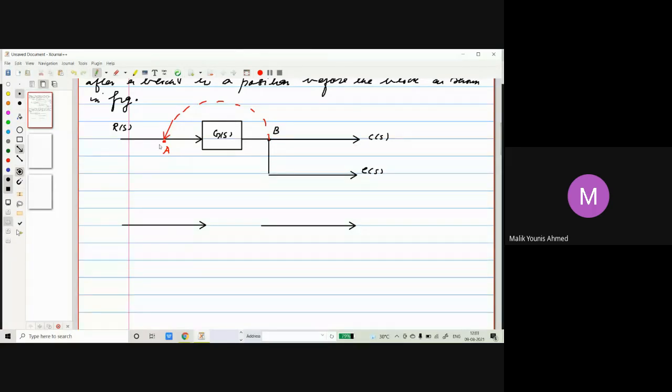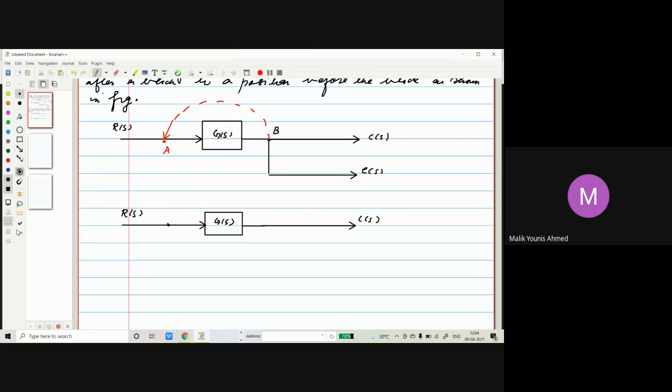Now, because this point has to be moved here, let me draw this first. So this is your R(s), this is not going to change. This is as usual, because we need to move only the takeoff point. Some manipulations have to be done at the takeoff point. See, we need to move at this point.